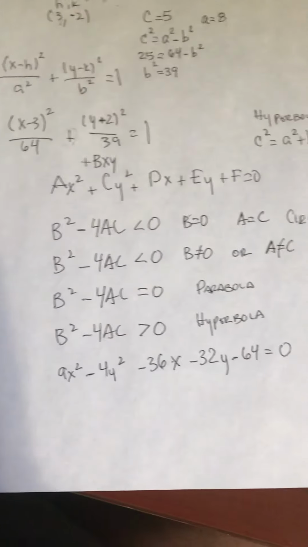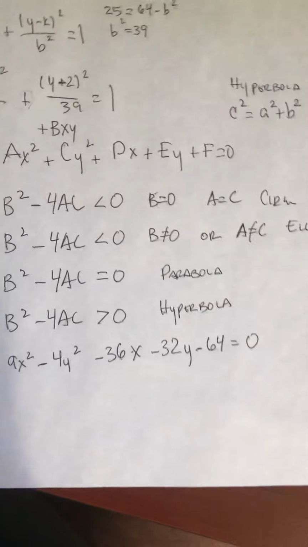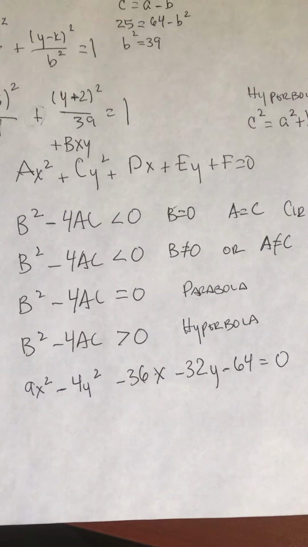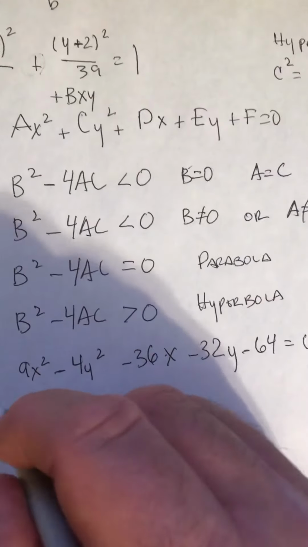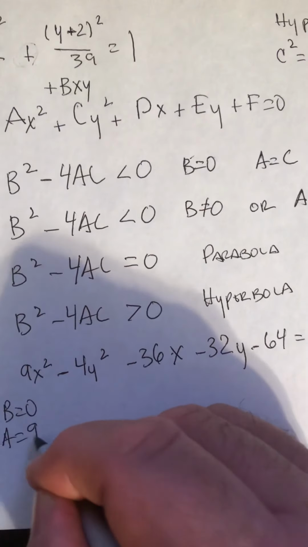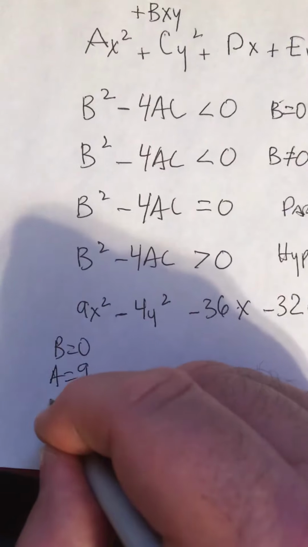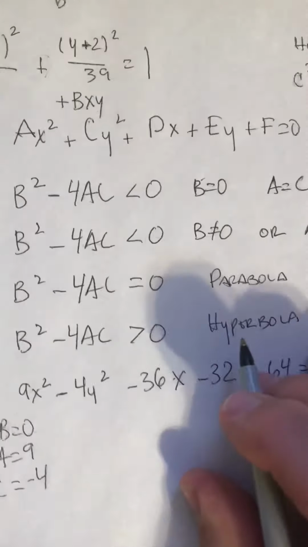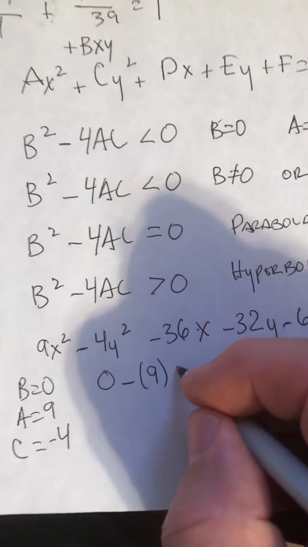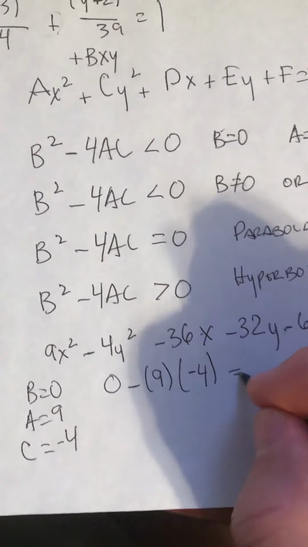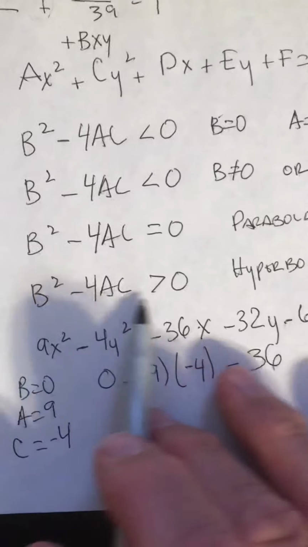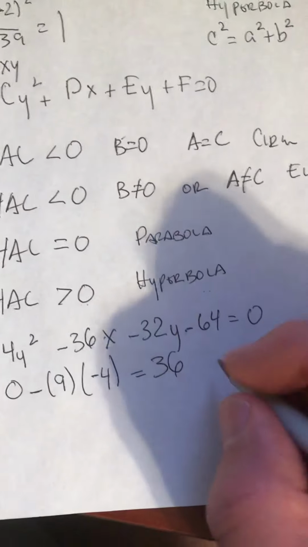That's my equation. See that? Now my b is equal to 0. My a is 9. My c is -4. So 0 minus 9 times -4. That gives me 36. That is a positive answer. If it's positive, what is this? It's a hyperbola.